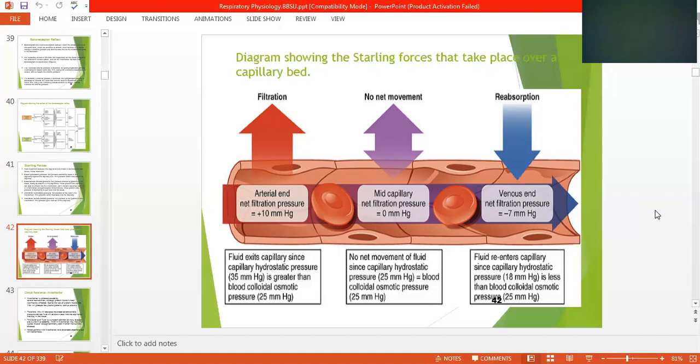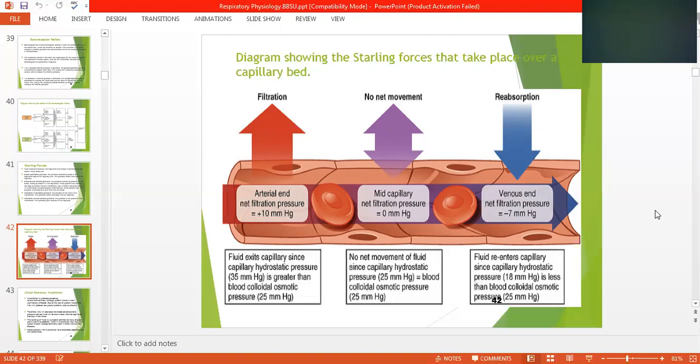Fluid exits capillaries since capillary hydrostatic pressure is greater than the blood colloidal osmotic pressure. In mid capillary, there is no net movement of fluids since capillary hydrostatic pressure of 25 mmHg is equivalent to blood colloidal pressure, meaning both side pressures are equal.